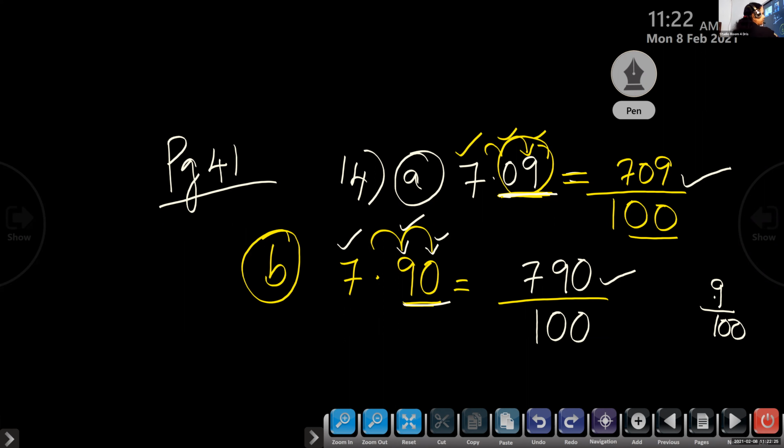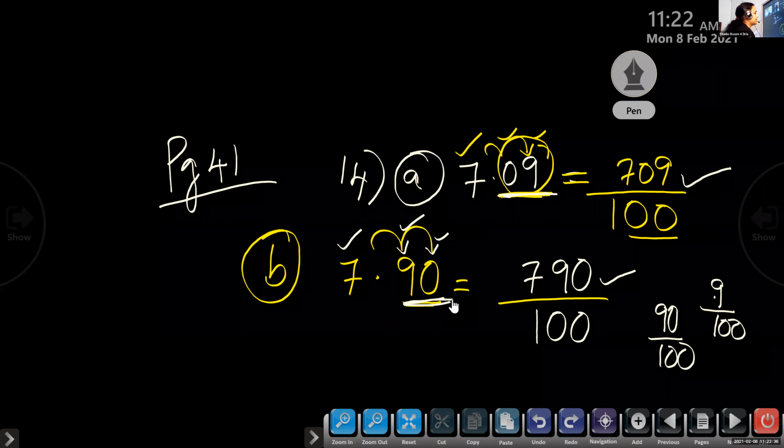But 90 means we have 90 by 100. So here we will write 90. That means 790 by 100 and we have 709 by 100. Look at the denominator, it is 100. That is the same. Why? Because we have 2 digits after the decimal point here, and here also we have 2 digits after the decimal point.